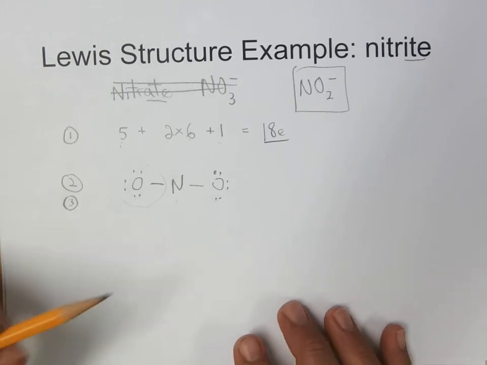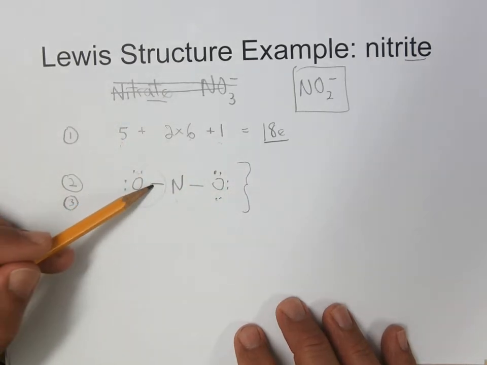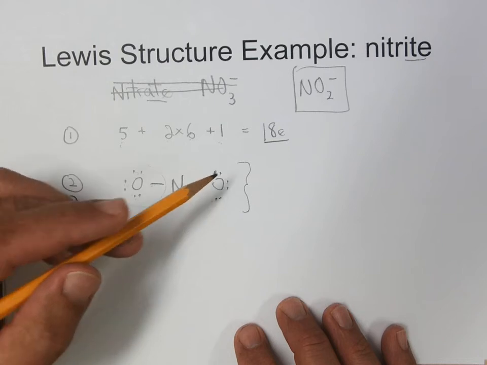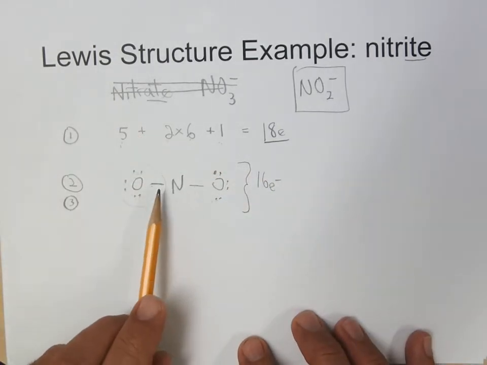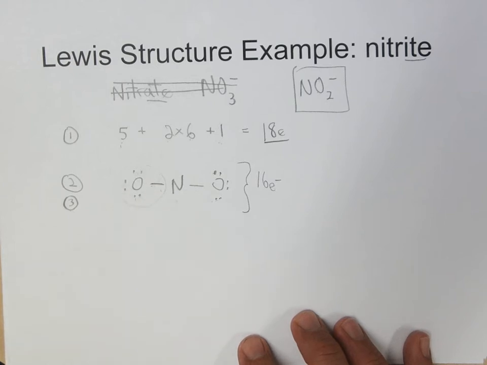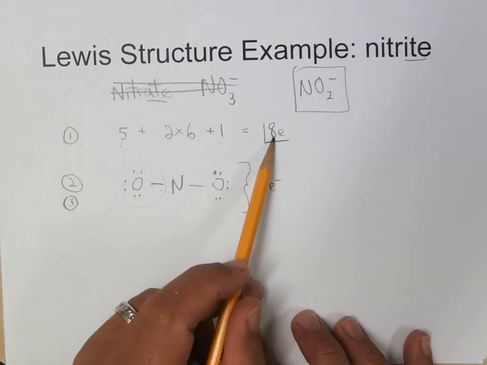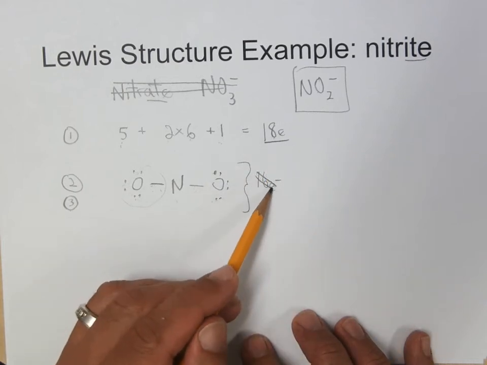And so now I want to count how many electrons are in this picture. 2, 4, 6, 8, 10, 12, 14, 16 electrons after I connected the atoms with single bonds and filled the octets of the non-central atoms. I need to have 18 electrons in the picture, so I've got to add 2.